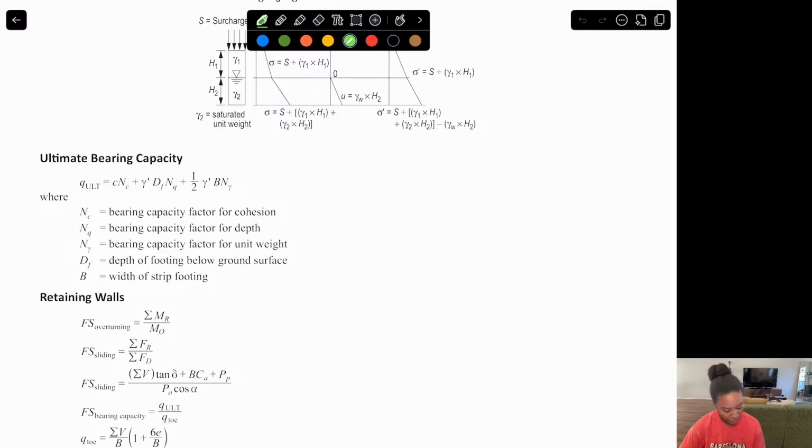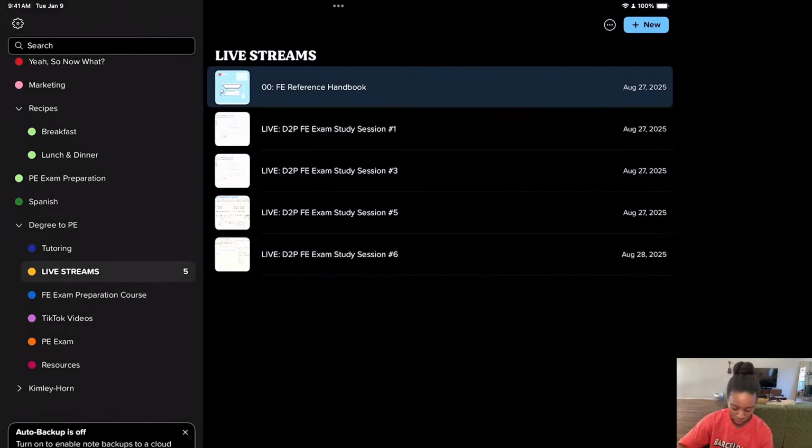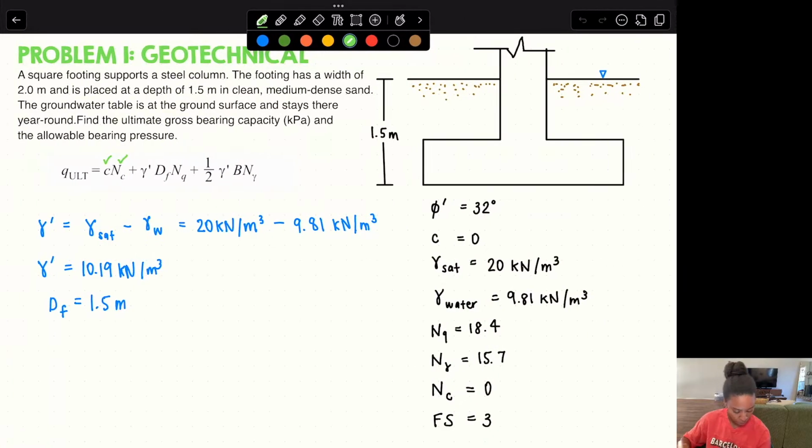NC is the bearing capacity factor for cohesion. N sub Q is the bearing capacity factor for depth, and N sub gamma is going to be the bearing capacity factor for unit weight. Okay, so we have C, we have NC, we found the effective unit weight, we have the depth of the footing, we are given Q as well.